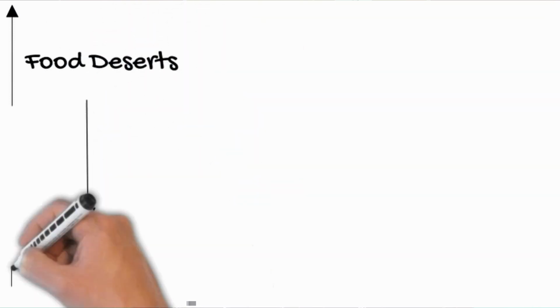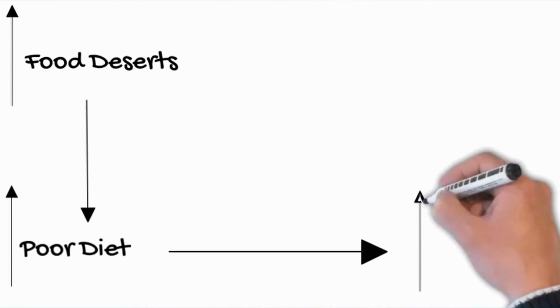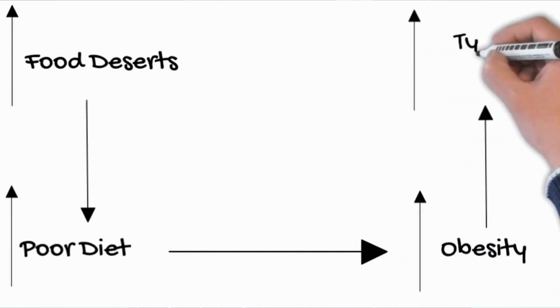However, perhaps those are the only foods available, and as a result, those are the only foods that are eaten. Some areas, especially some areas in the United States, might be known as food deserts, meaning that it's hard to find high quality fresh food that provides better nutrients. The only things available to people who live in those food deserts are foods that are not great. And so as a result, they're only able to make poor food choices because of what's available.